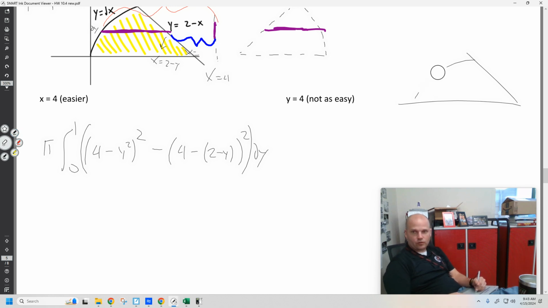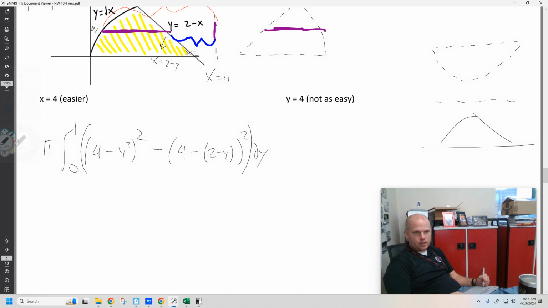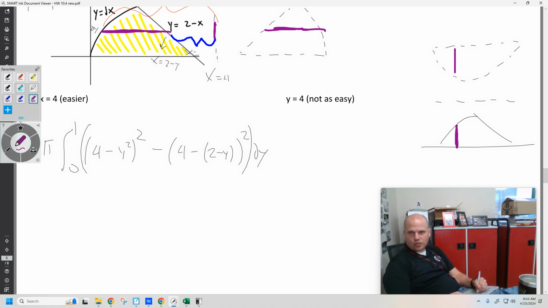Oh, geez, y equals 4. If I'm spinning this region around y equals 4, it's going to pop up here. I can see I have 2 sets of washers needed, 2 sets of rectangles that need to be spun.